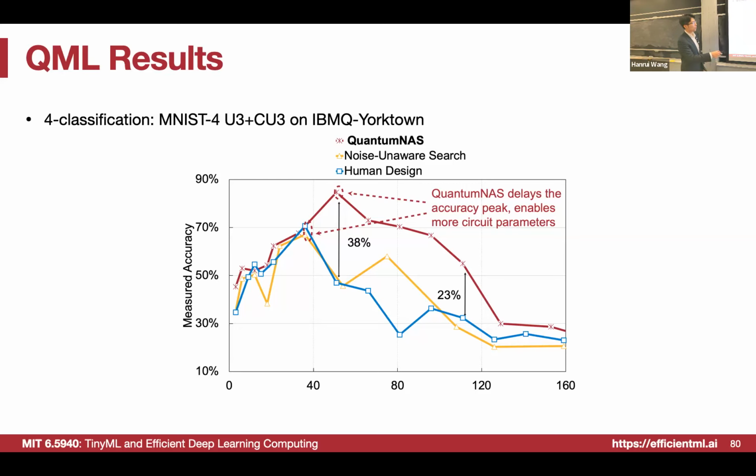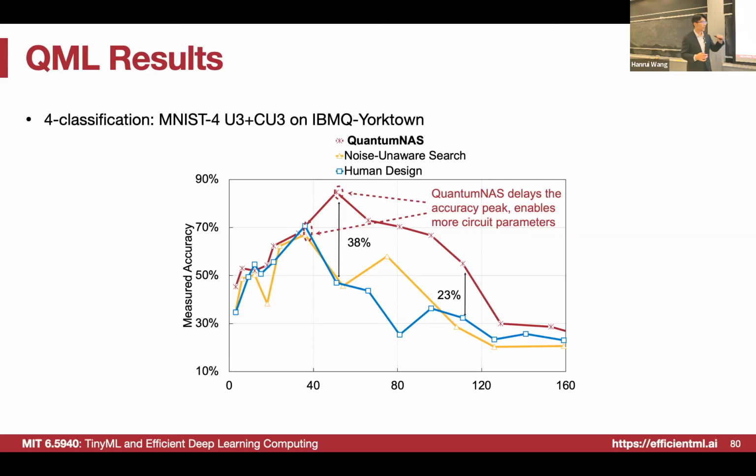But the important thing is that our searched architecture has better overall resilience to noise, because we can afford a larger number of parameters. Here we can see that the peak is much higher than the human design peak. So in that case, using our circuit, we can better utilize the available capacity of the device.